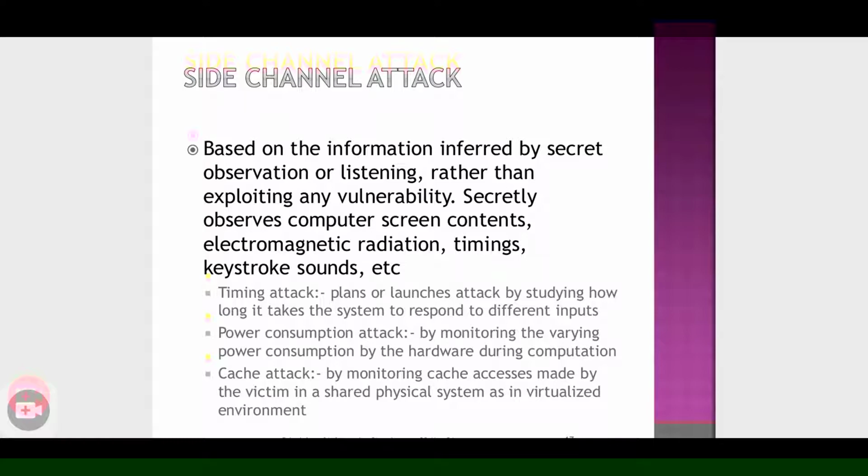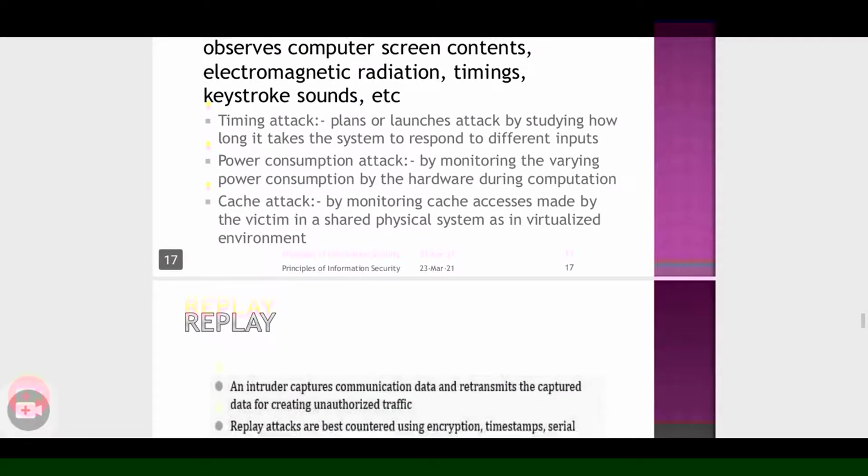The next one is the power consumption attack, by monitoring the varying power consumption of the hardware during the computation. And the third one is cache attack, by monitoring the cache, which is an intermediate memory, and the cache accesses made by the victim in a shared physical system as in a virtualized environment. So these are all the side channel attacks.